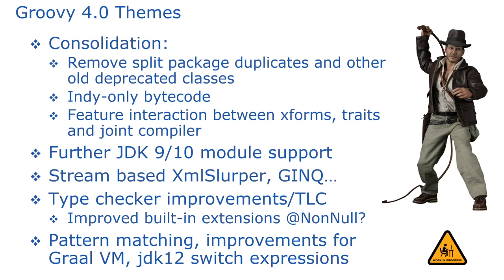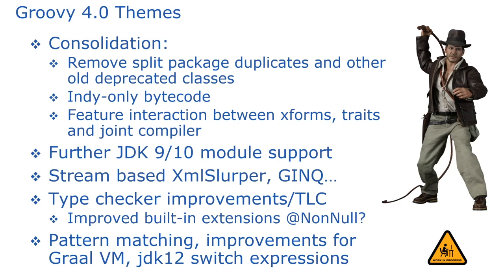There's the classic flavored bytecode. There's int optimization bytecode. There's some other optimizations in the bytecode as well. And obviously, when you've got CompileStatic, it's different bytecode. So there's quite a few different flavors of bytecode that get generated. It'll all be consolidated right down in Groovy 4.